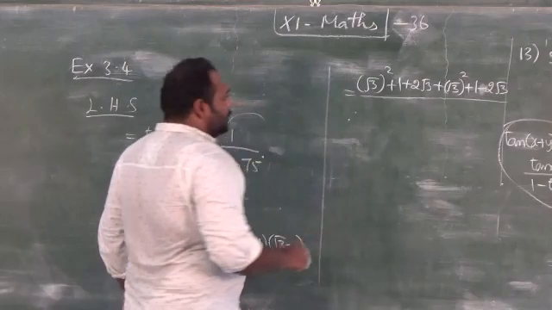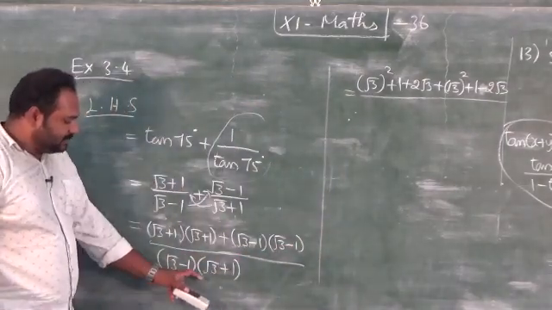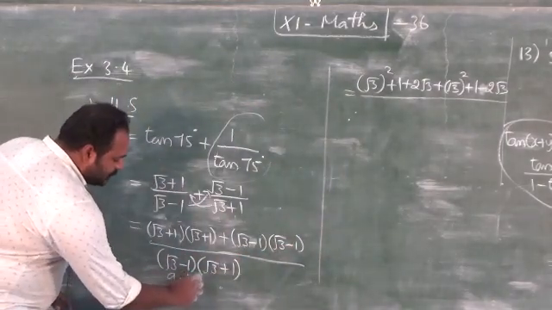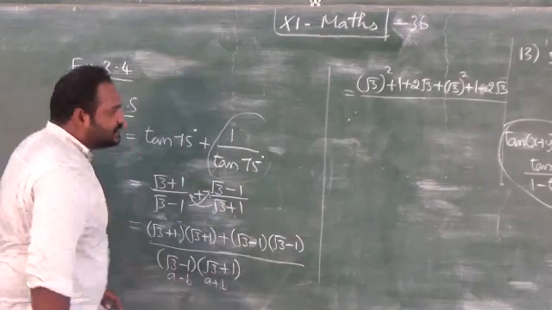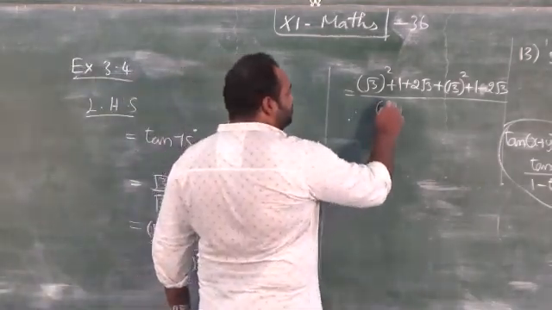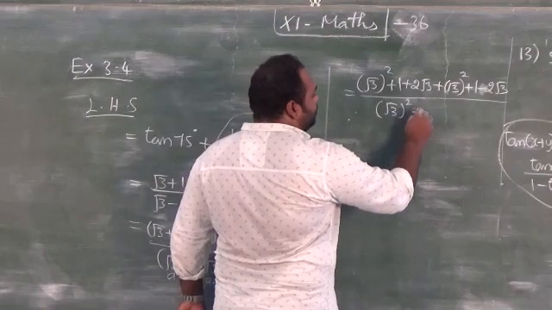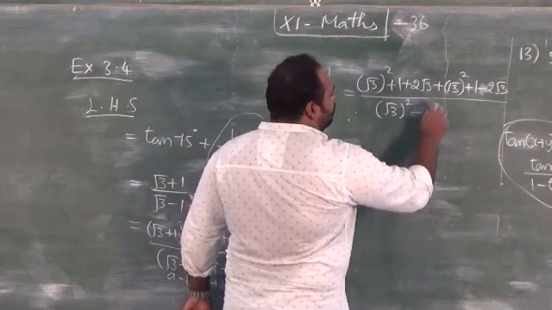In the denominator, a plus b into a minus b is a square minus b square: root 3 square minus 1 square.